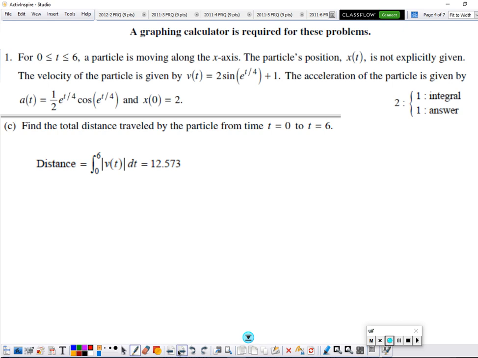Find the total distance traveled. Straightforward again. You have the blue box, that's 1 point. If you have the purple box, that's the second point. Question? Please, Alex.